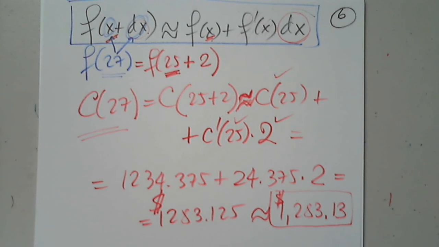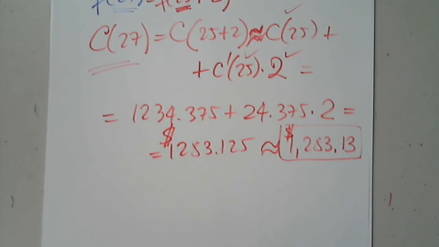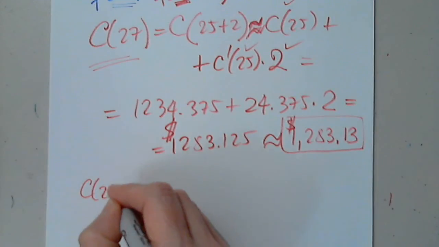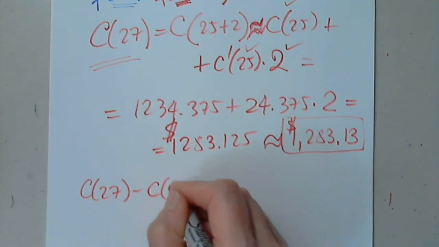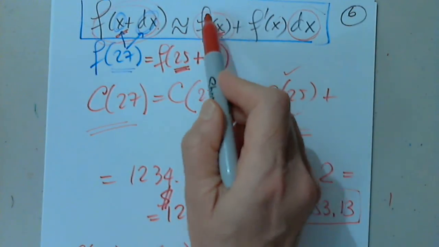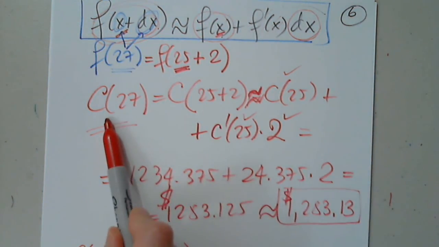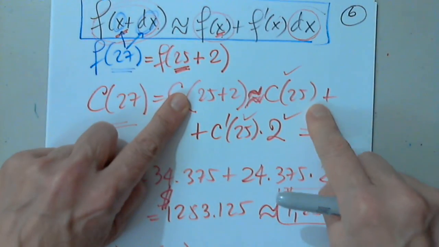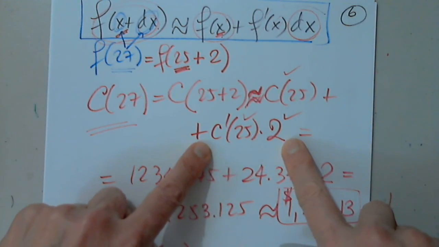Okay. Now we estimated 27, but they want us to find the difference in cost between producing 25 and 27. Fine. So we have c of 27 minus c of 25. It's just this.